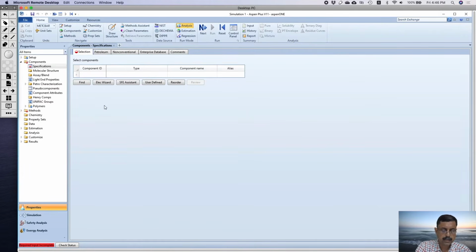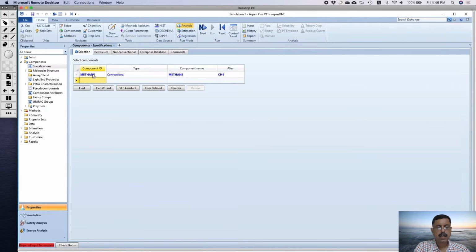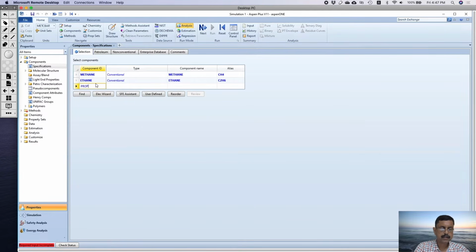Let us write methane. Now these are the conventional chemicals. So if you write methane, it will understand you are looking for CH4.